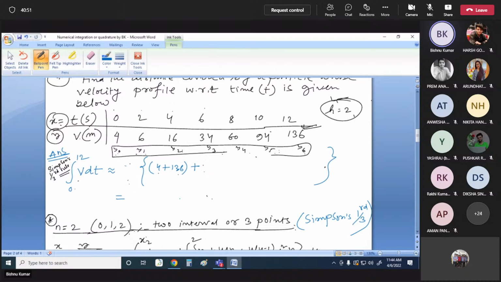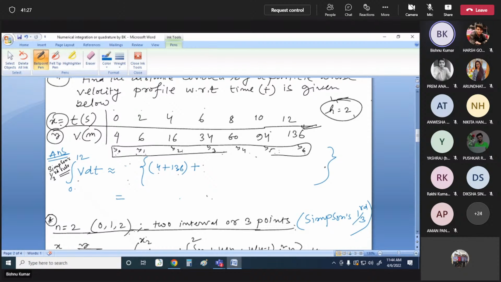Now outside h by 3, first value plus last value plus 4 into intermediate odd ordinates. So odd values are y1, y3, y5. So 4 into 6 plus 34 plus 94, this is y5, plus 2 into intermediate even ordinates.